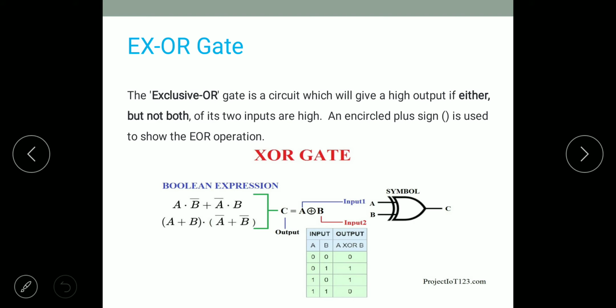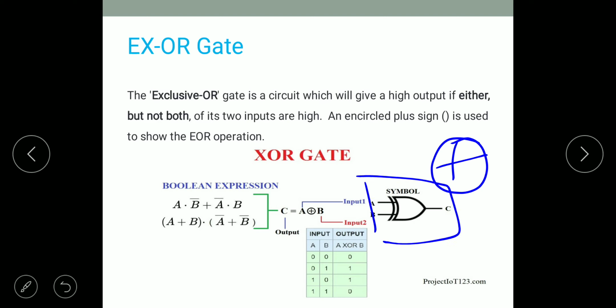That is nothing but this encircled plus sign. This sign shows the XOR operation. The symbol for the XOR gate is this. If we draw the OR gate, and just draw this extra line, we get the XOR gate.